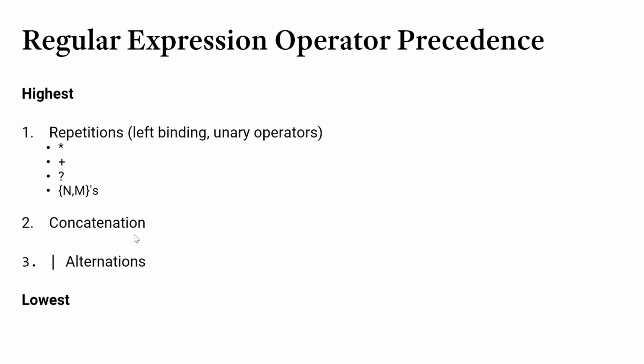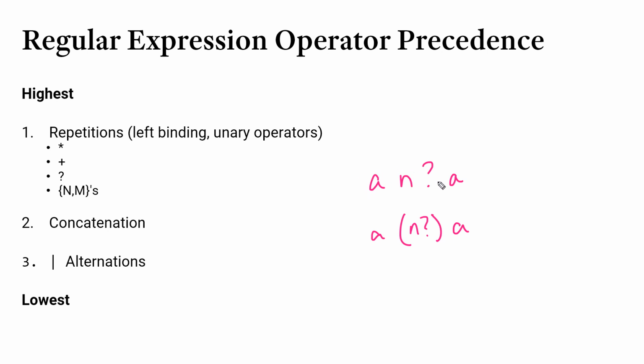So what do I mean by that? Well, if we don't use parentheses and we have an expression such as the one we just saw, a, n, question mark, a, this is the same as a, (n question mark), a, right? A followed by an optional n followed by an a. It's not the same. That's not what's happening.